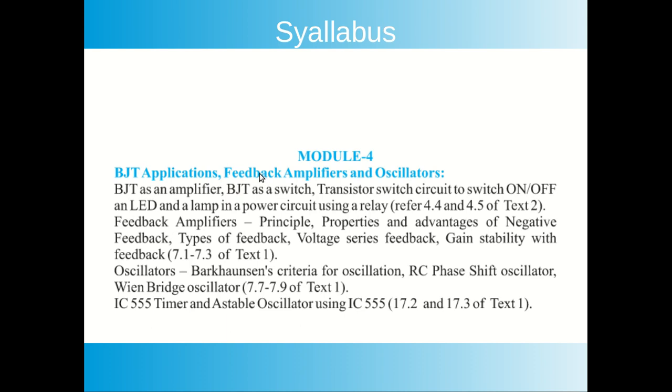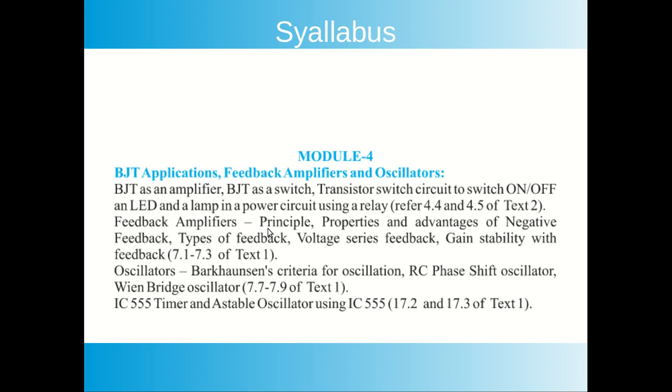Next we have to study the feedback amplifiers. There are two types of feedback we can think of. One is called positive feedback, another is called negative feedback. Positive feedback is generally used for oscillators, which we will see.